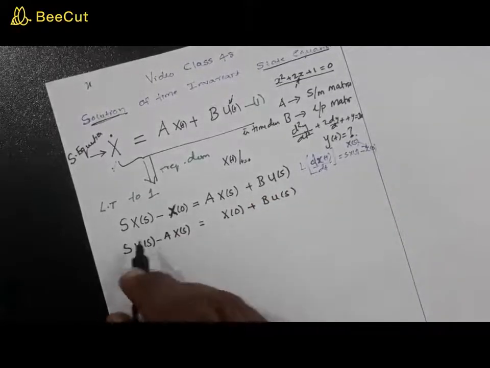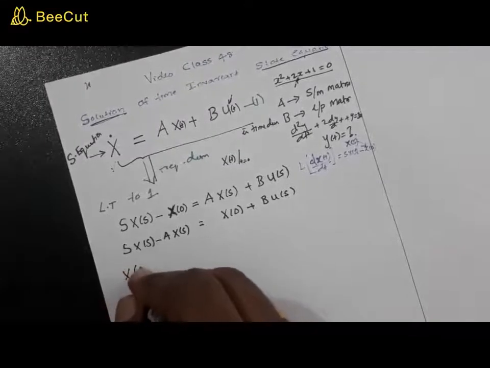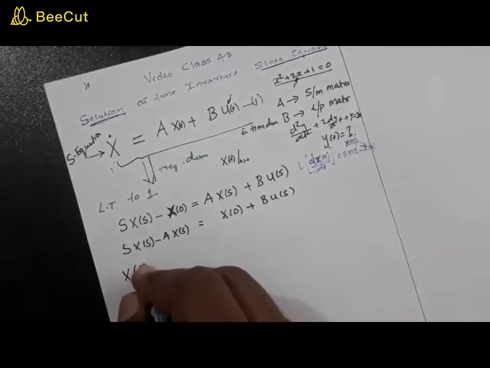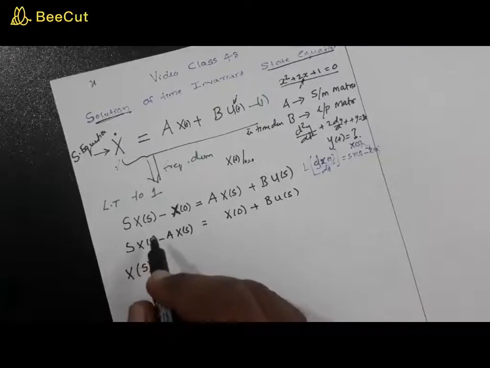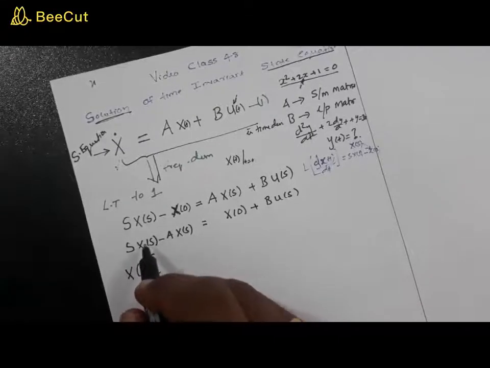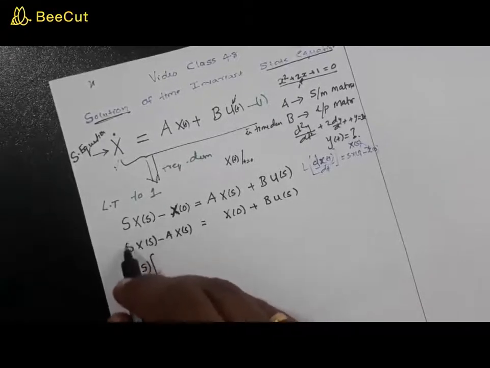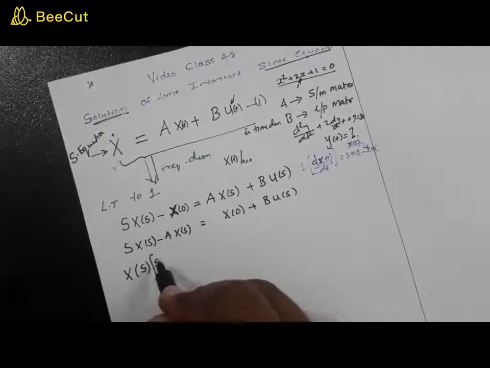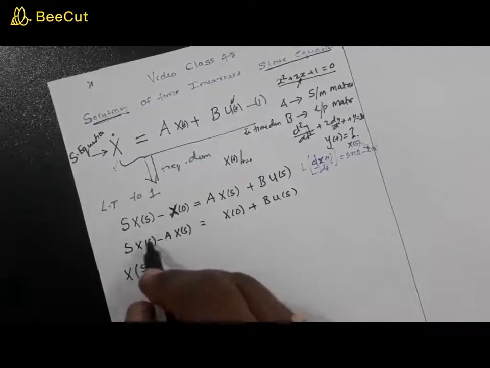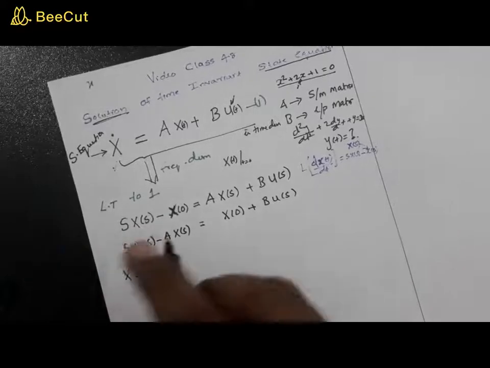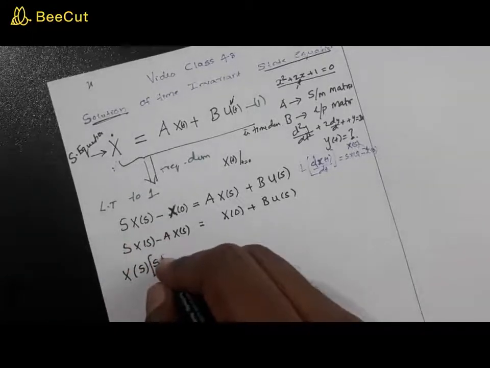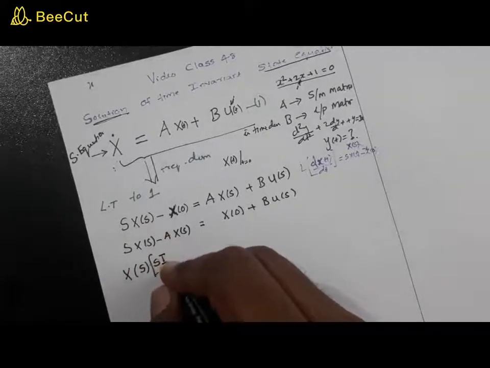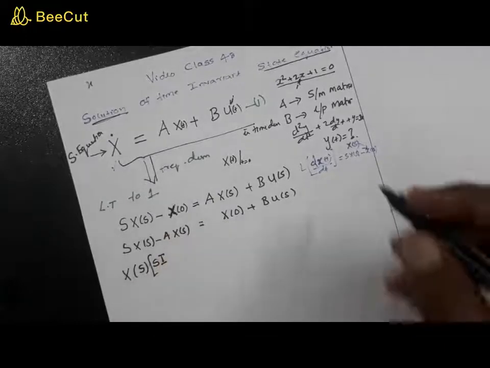Now I can take this x of s outside. When I take x of s outside, this becomes s. Now s is just a variable, it is not a matrix. Anyway, x of s represents a matrix. You are taking that matrix out, that means that's going to be an identity matrix, right? You know what an identity matrix is.